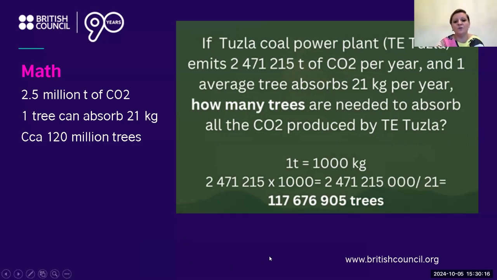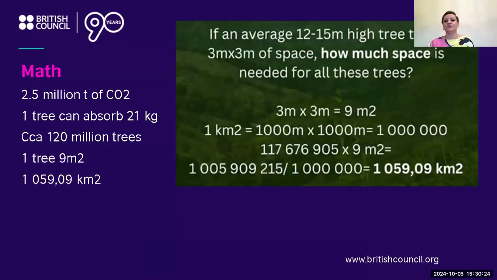So using the formula, they calculated that we need almost 120 million trees. Then they found out that one tree takes about 9 square meters, and having all these trees in mind, they calculated it would take the area of 1,000 square kilometers.